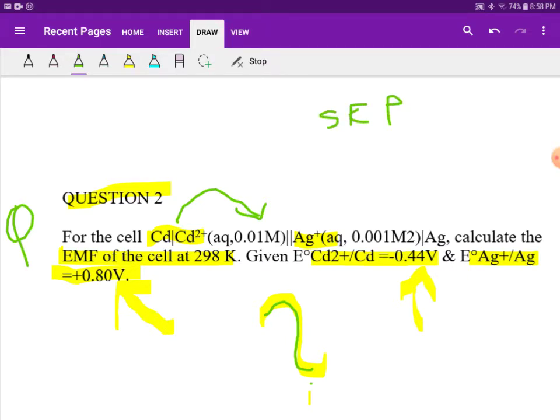Okay, 2 steps: the single electrode potential of anode, the single electrode potential of cathode, then E cell. Okay, so look at it.